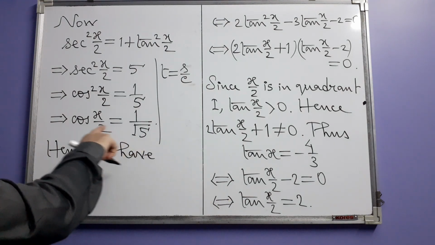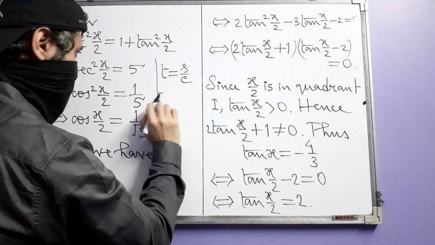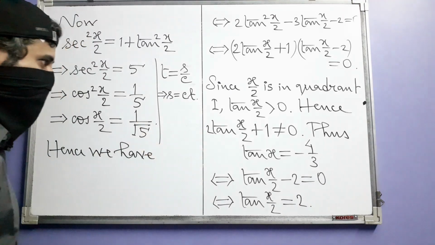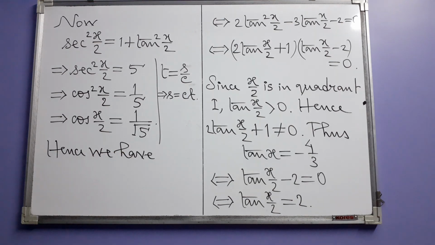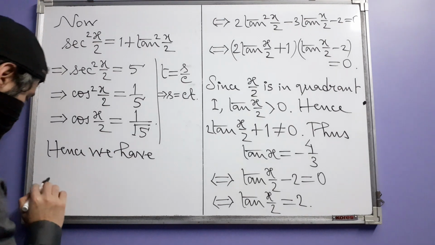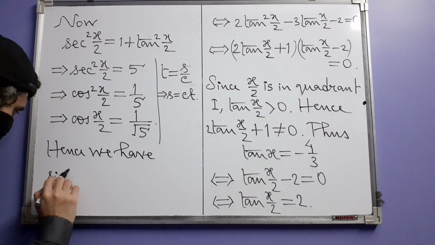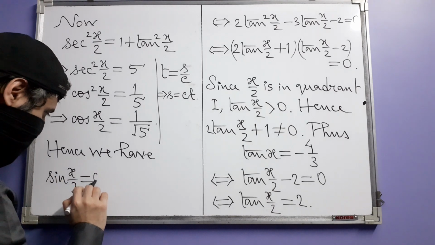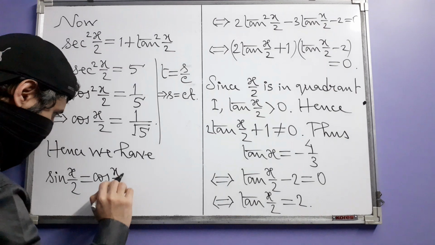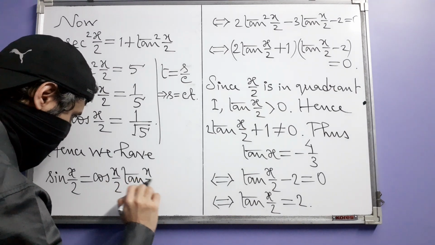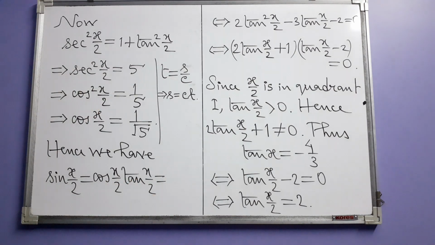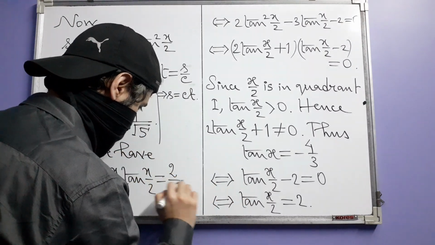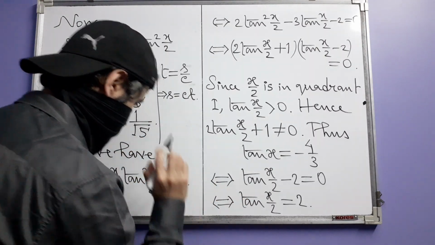We have tan, we have cos, so what is sine? Sine simply should be cos times tan. That's it, you just have to multiply these two values. So cos x over 2 is 1 over root 5 and tan x over 2 is 2. So this is 2 over root 5.